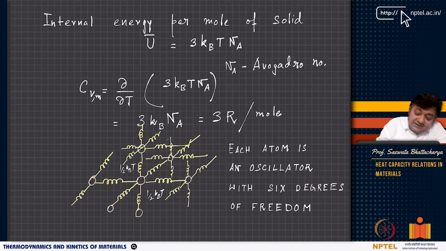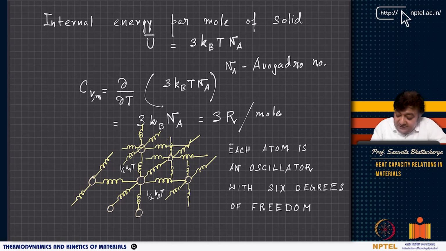So the internal energy per mole becomes 3 kBT NA, where NA is the Avogadro number, and the molar heat capacity Cv is the derivative with respect to T of 3 kBT NA, which is 3 kB NA, equal to 3R per mole. So the molar heat capacity of any solid is 3R.